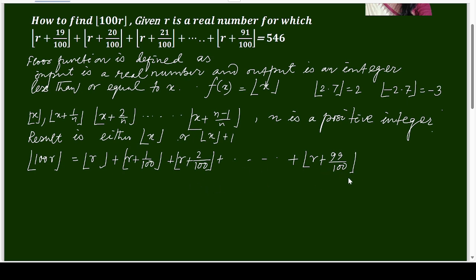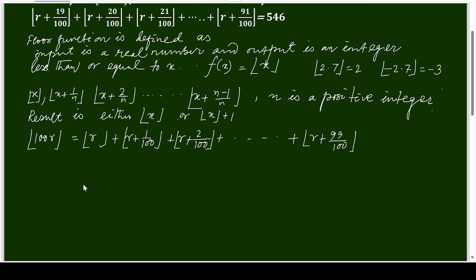So each floor will be calculated and the sum will be the floor of 100 times r. Before that, we will find the value of r.